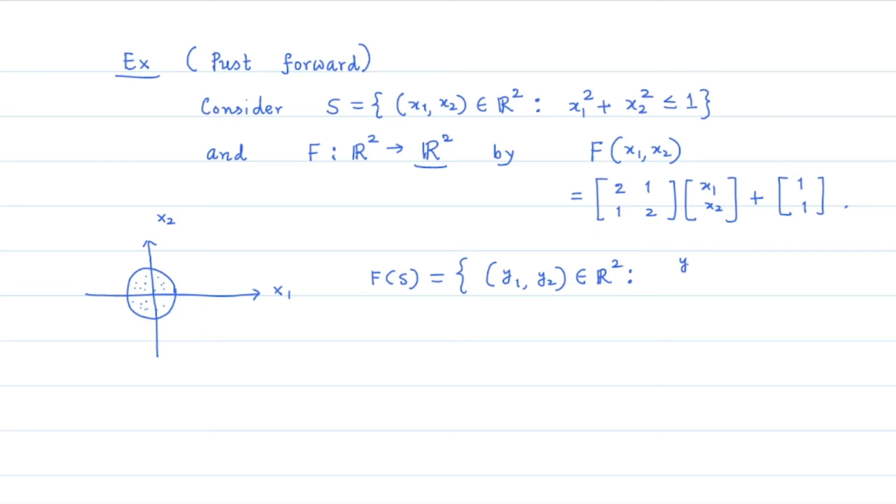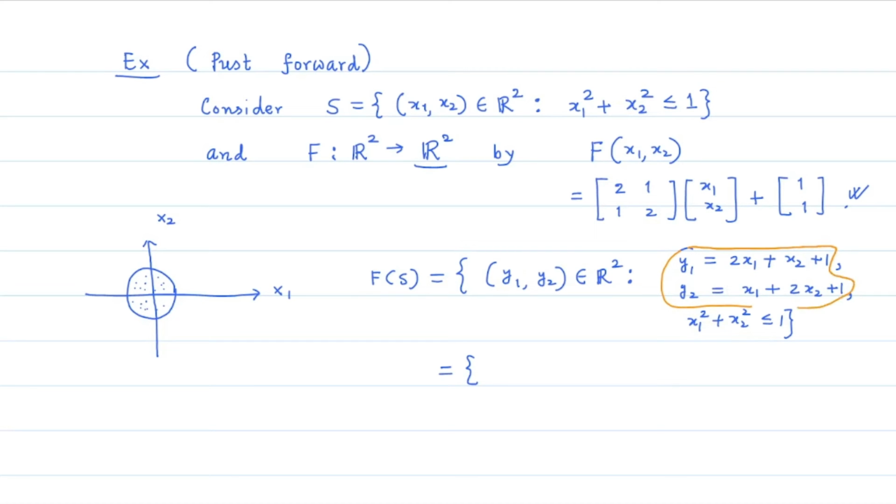That is, y1 and y2 are given by the first component of this expression, that is 2x1 plus x2 plus 1. y2 is the second component of the expression of f(x1, x2), that gives us x1 plus 2x2 plus 1. But here this (x1, x2) are to be taken from the set capital S. So we must have x1 squared plus x2 squared less than or equal to 1.